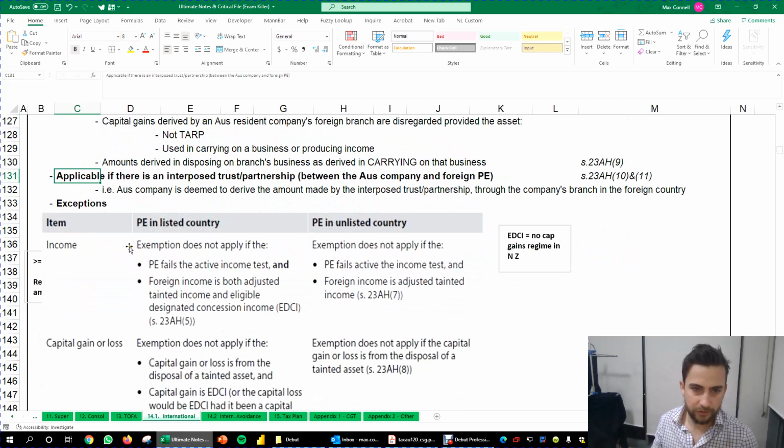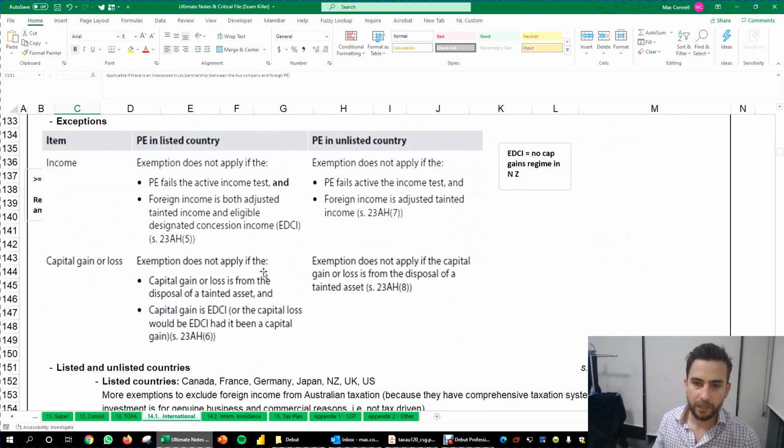Okay, so exceptions to the rule. Number one, if it's in a listed country, the exemption does not apply if the PE fails the active income test and the foreign income is both adjusted tainted income and eligible designated concession income. And for a capital gain or loss in a listed country, the exemption does not apply if the capital gain or loss is from the disposal of a tainted asset and the capital gain is EDCI, eligible designated concession income.